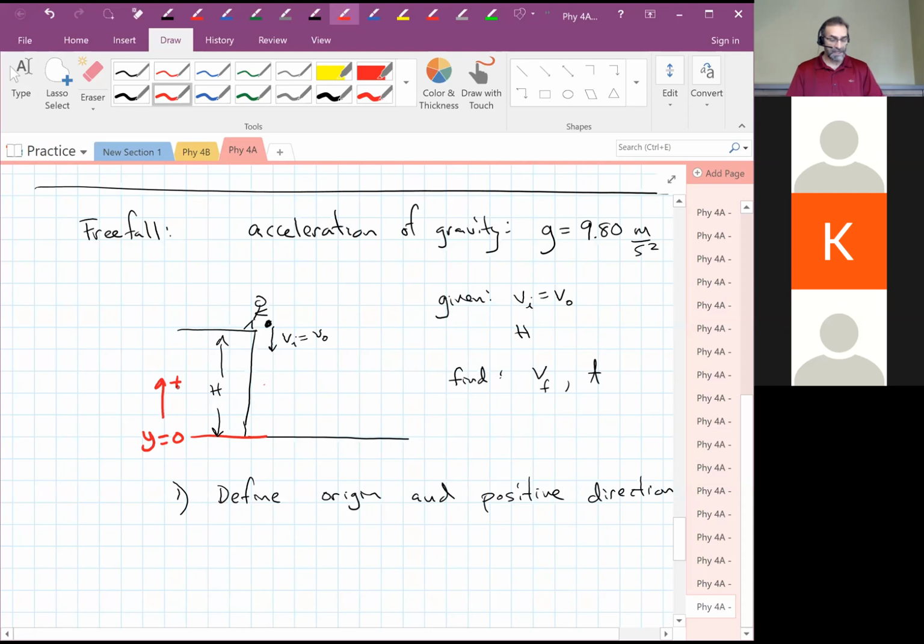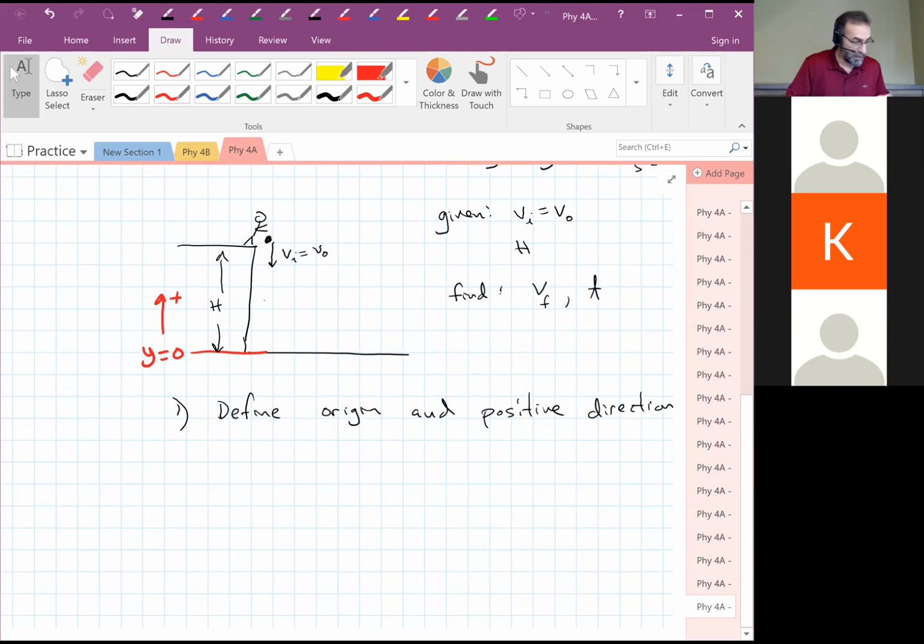But actually, what you'll see in a minute is that for a problem like this, if you picked the starting point to be the origin and down to be positive, everything becomes positive. With my choice, our numbers are going to be negative. We'll talk about that when we get there. But negative numbers aren't that hard to deal with. So let's just keep going.